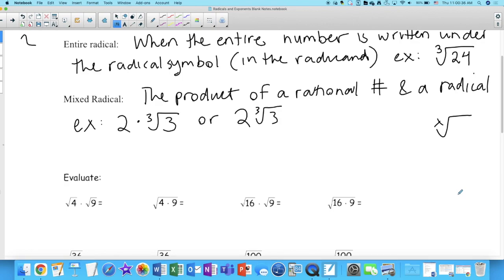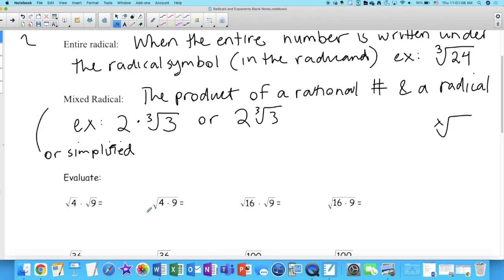The mixed radical is also called the simplified radical, okay? And if you're asked to simplify a radical, what I want you to do is to convert it from an entire radical to a mixed radical, okay? So the process of simplifying a radical is to convert it from entire to mixed, okay?